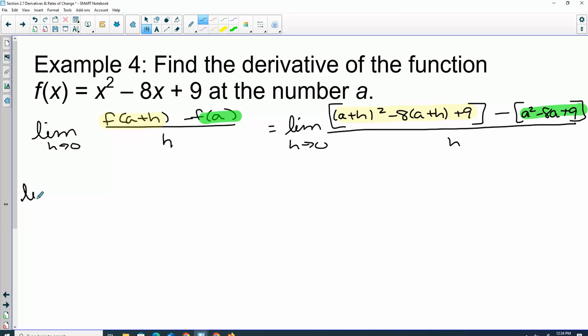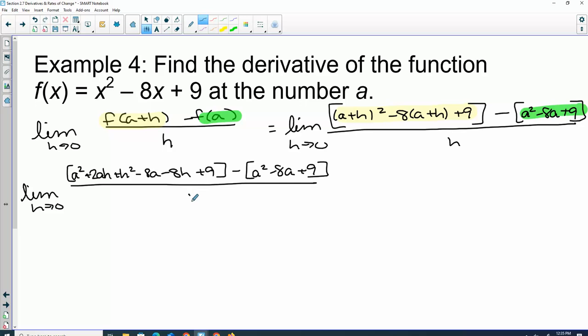So now we just work this out. So we have limit as h approaches 0. a plus h squared. So if I write that twice and FOIL, we get a squared plus 2ah plus h squared. Distribute my negative 8, so negative 8a minus 8h plus 9. How do I subtract that off?